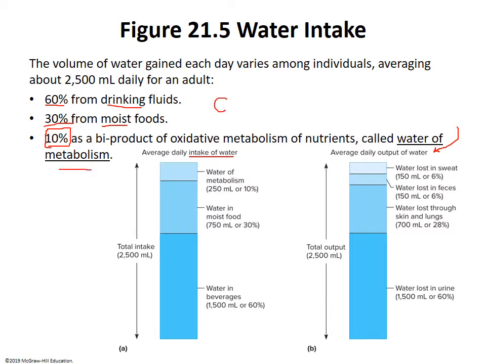Let's see if I can draw this. C6H12O6, this is glucose. When it is in the presence of oxygen, it gets broken down into CO2 and water, H2O, plus ATP.